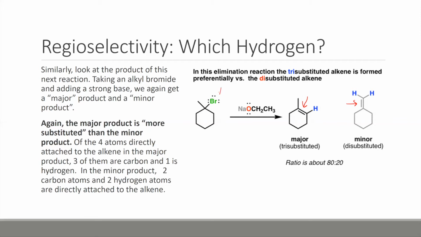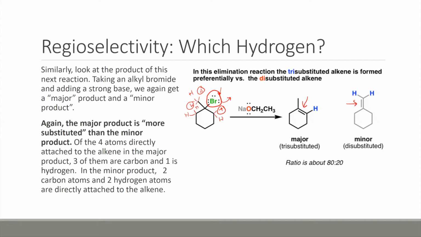So when the bromine leaves, it's going to leave with a hydrogen to form the double bond in the elimination. And that hydrogen could come from any carbon one carbon away. So it could be one of these hydrogens, it could be one of these hydrogens, or it could be a hydrogen on this carbon here.